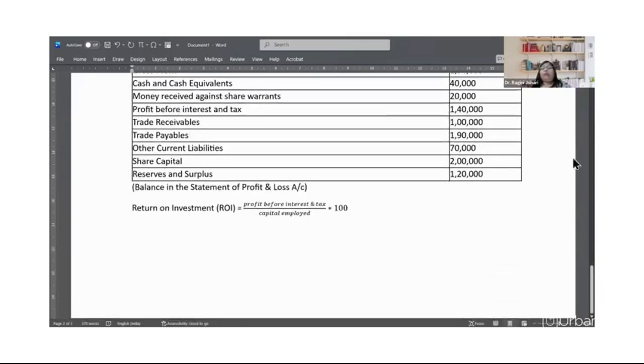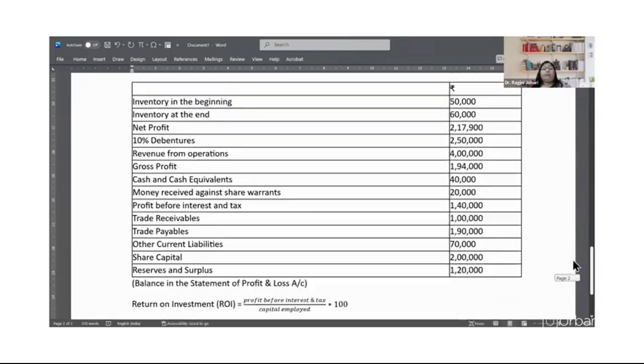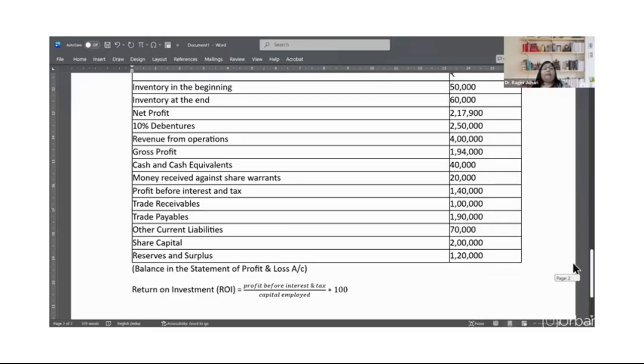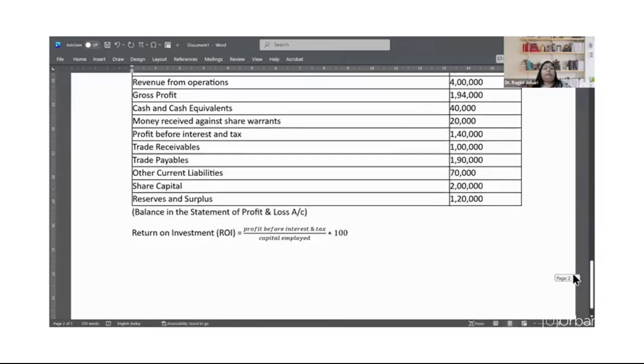Okay. Now, can you see this particular thing mentioned anywhere? Both the things, profit before interest and tax and capital employed, are not mentioned. That means now we have to first calculate this. So let's start with profit before interest and tax. Now let's see what all is given to us.